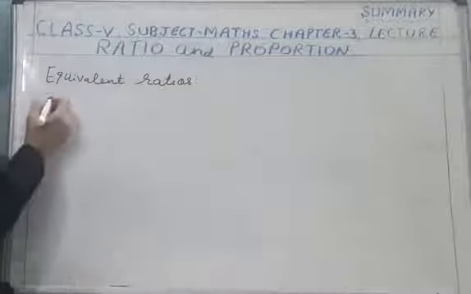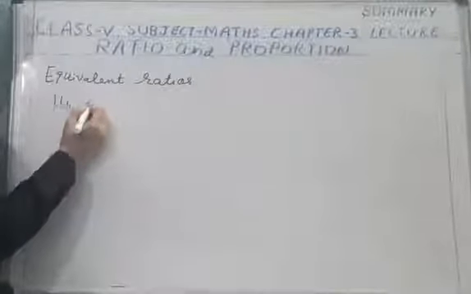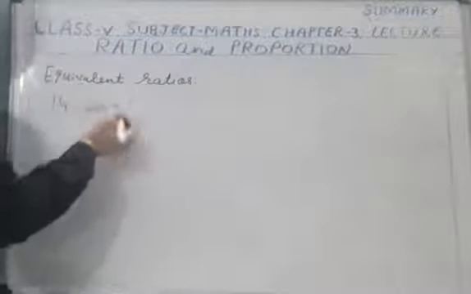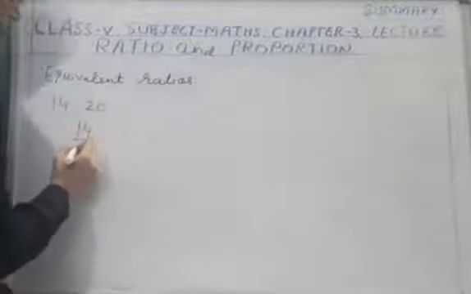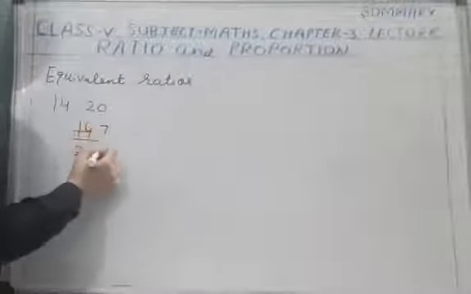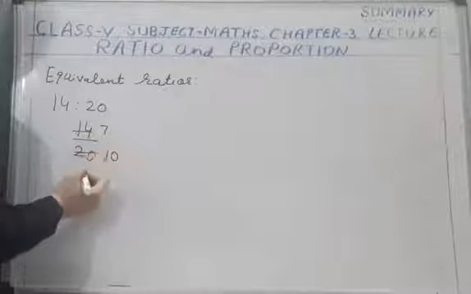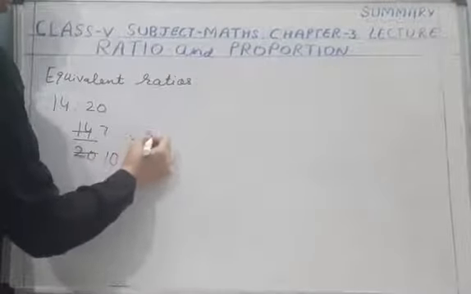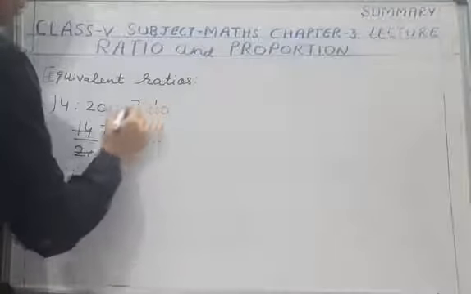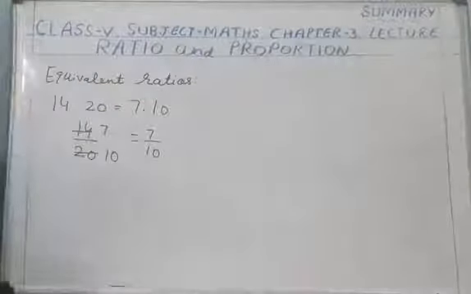Like if we have 14 ratio 20, its equivalent ratio is 14 upon 20. 2 7s are 14, 2 1s are 2, 2 0s are 0. So its equivalent ratio is 7 ratio 10. Understood?